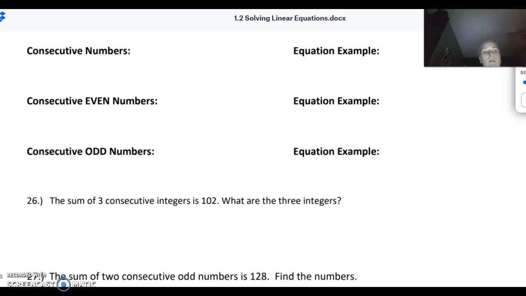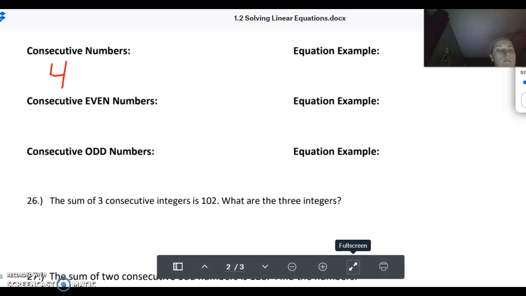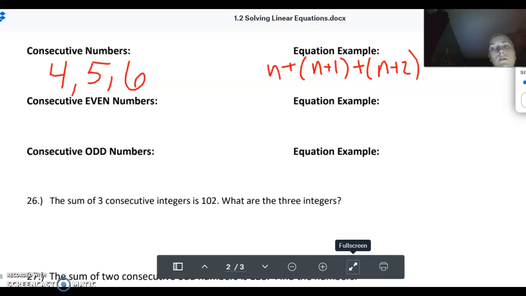So right now we're going to talk about consecutive numbers. I'm just going to give an example of 3 consecutive numbers, so 4, 5, and 6. An equation example to find these consecutive numbers would be n plus (n plus 1) plus (n plus 2), because we have consecutive numbers.